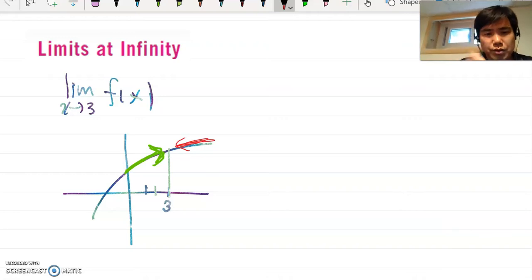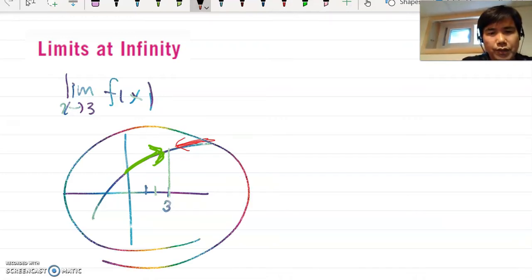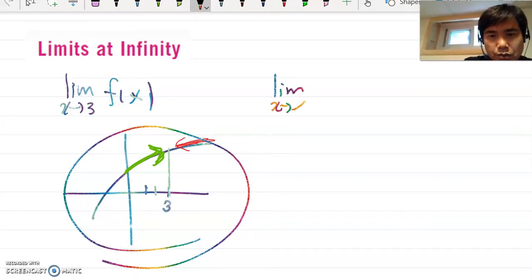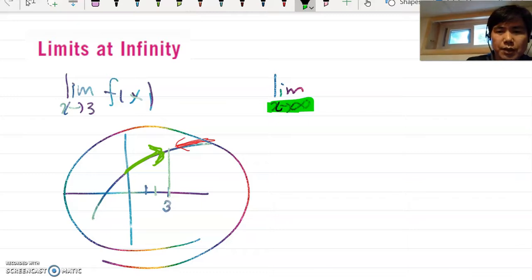Now one question. Using this graph here, what if I'm asking you the limit as x goes to infinity? We need to understand what this means. Basically x moves to infinity, which means the x value keeps moving forever.